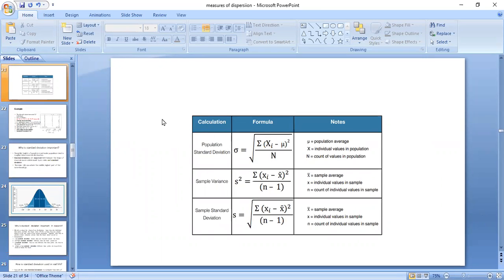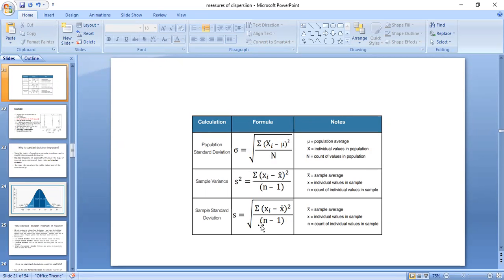There are different formulas for different kinds of measurements. For population standard deviation, the formula is the same. For the sample standard deviation, this mu is replaced by x bar. X bar indicates the sample mean, and in the denominator there will be n minus 1.